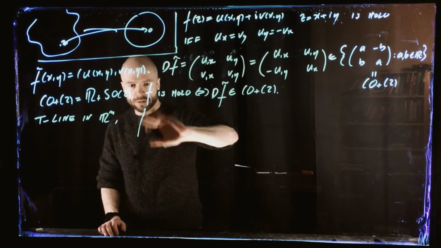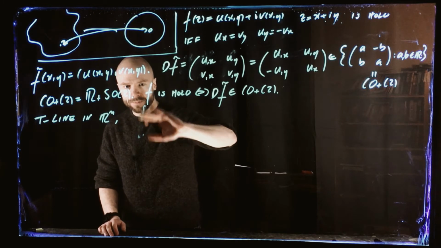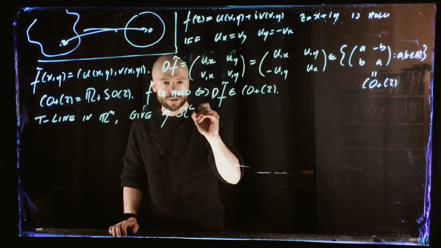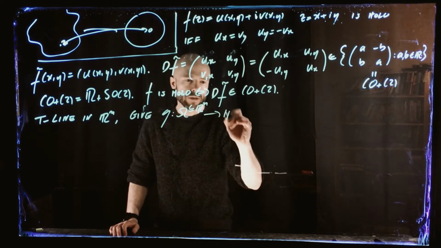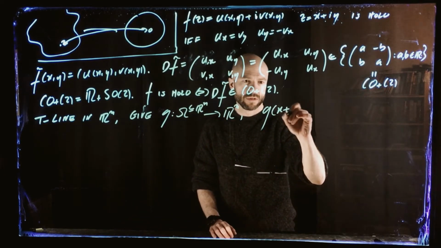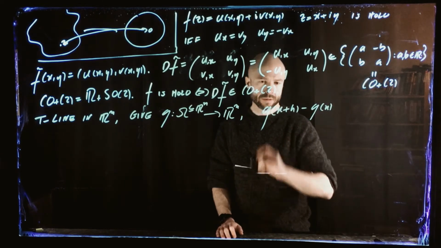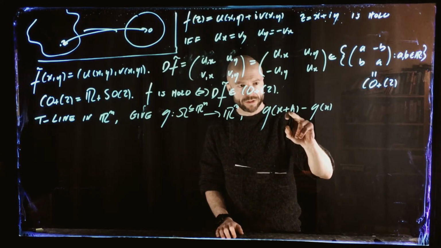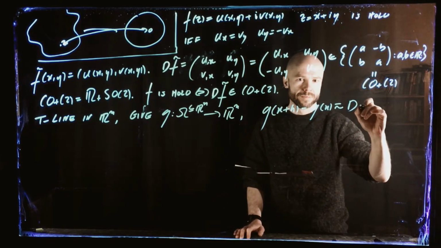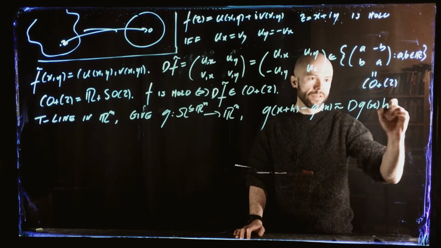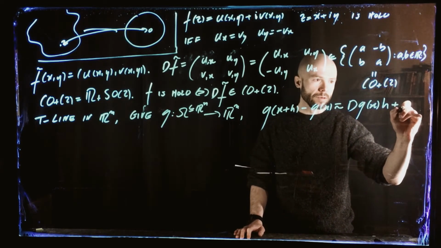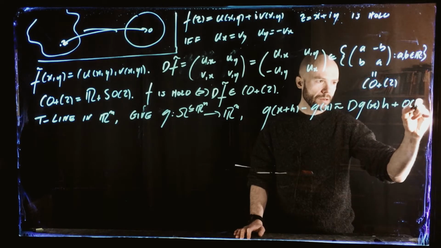So given G from omega contained within Rn, going into Rn, we have that G of x plus h minus G of x, where x is in Rn and h is a small vector in Rn, is approximately equal to the gradient of G at x times h, where this thing is an n by n matrix. And then there will be some higher order terms, so the error will be of order h squared.